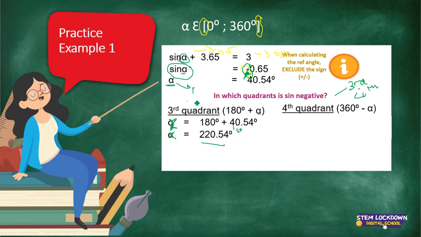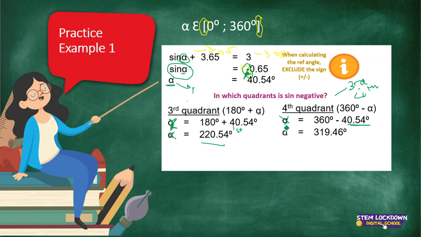Next we have our fourth quadrant. Our reduction formula in our fourth quadrant states that 360 degrees minus alpha will give us our answer. Here we substitute alpha, our reference angle, accordingly. Use x if you will, it will make things simpler to understand. And we find here that x is 319.46 degrees.